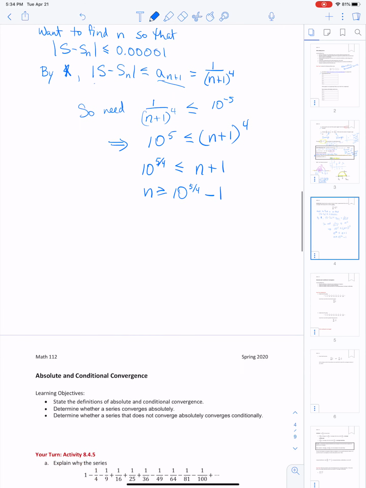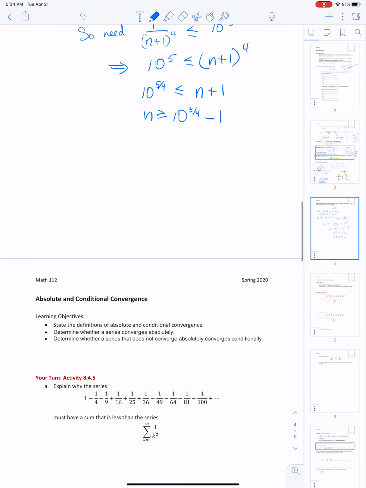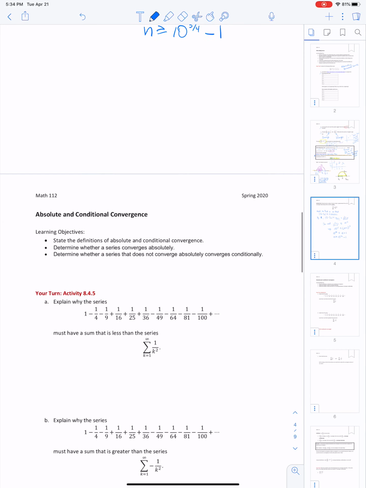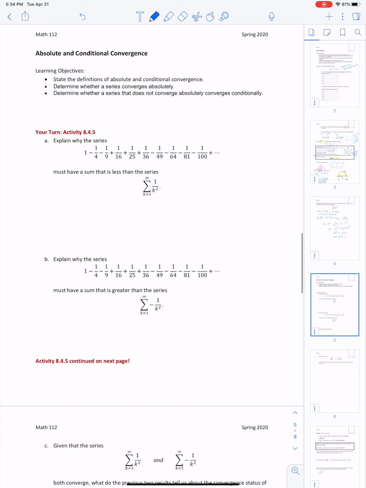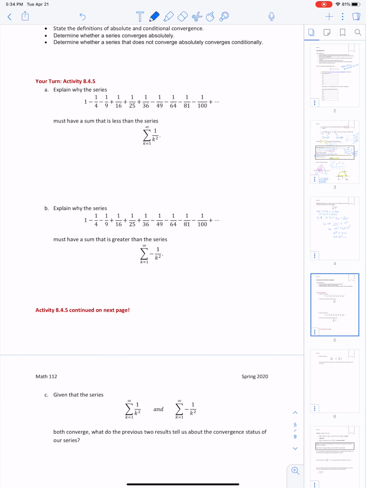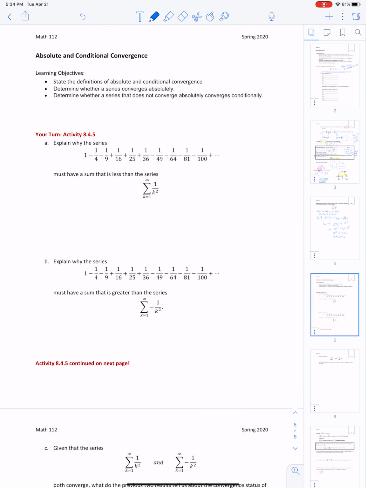What we're going to continue with is a discussion of absolute and conditional convergence. And to do this, there's a nice introductory activity in your book that investigates these ideas. What these ideas talk about are more general series than just alternating series, because for alternating series we have a really good characterization of when a series converges.